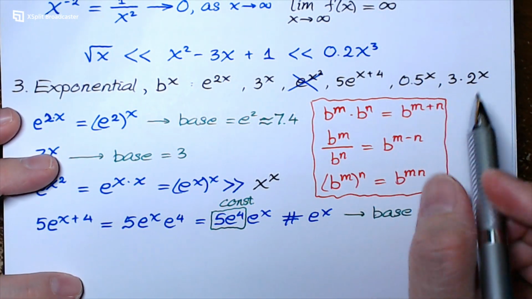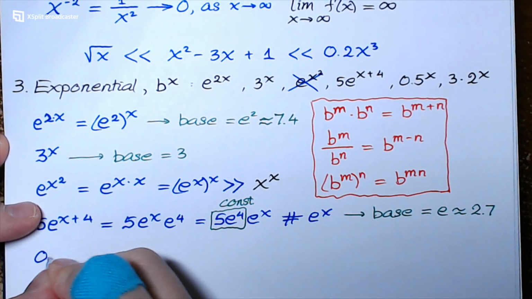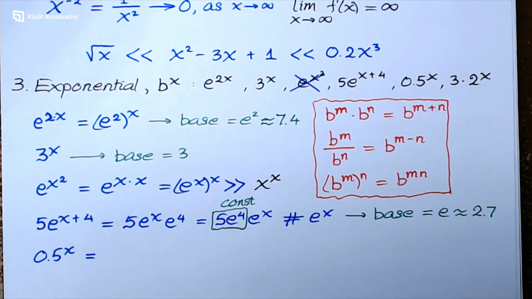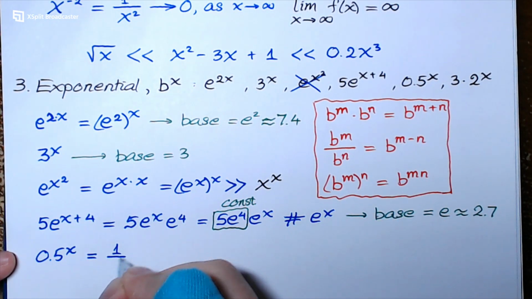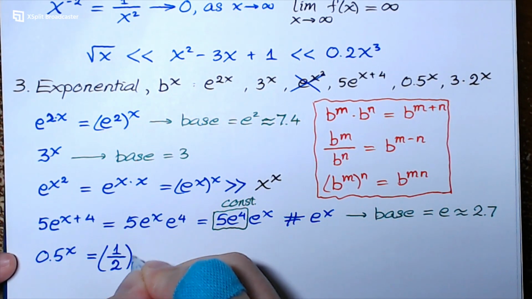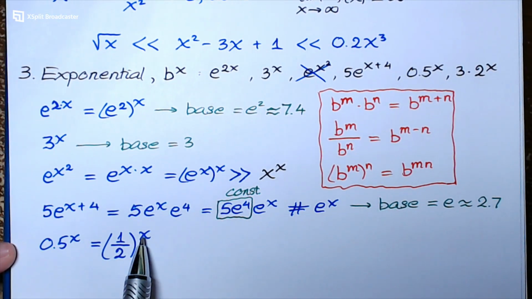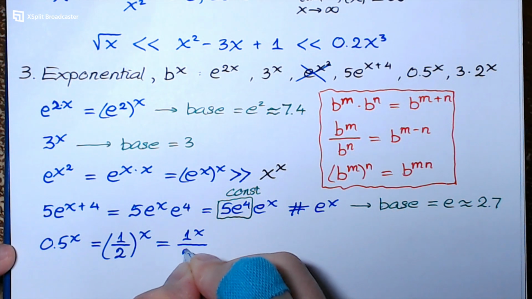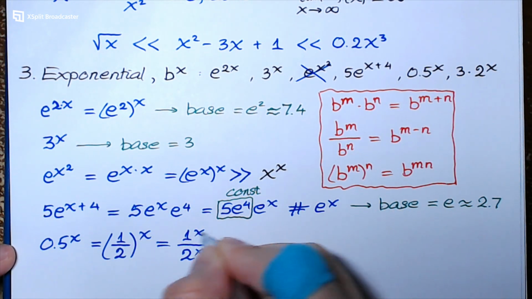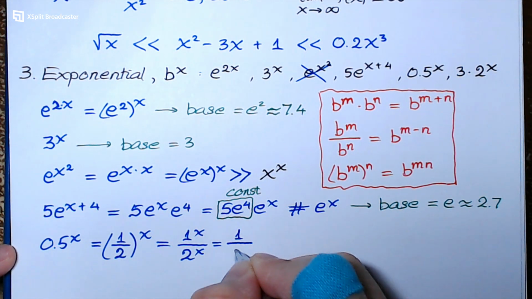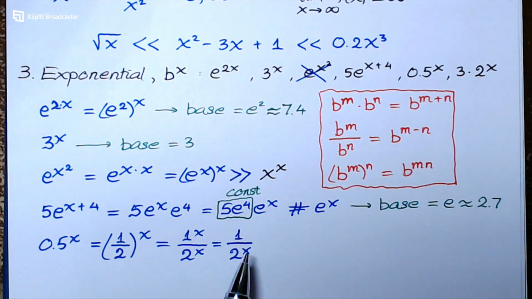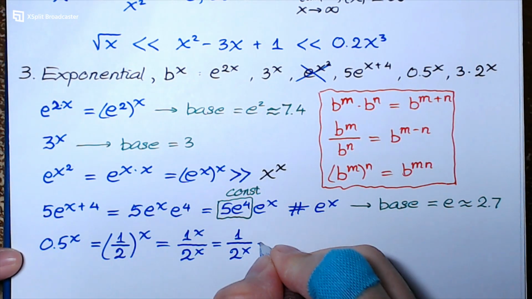So that. And then 0.5 to the x. 0.5 is like 1/2, right? Actually, it is 1/2. So we can say the power goes to the top, the power goes to the bottom. 1 to the x is still 1. And now, if x goes to infinity, a finite number over infinity is 0.